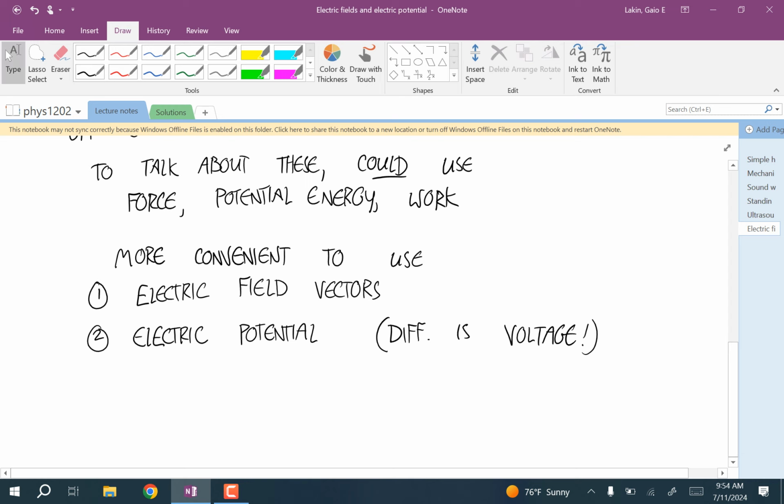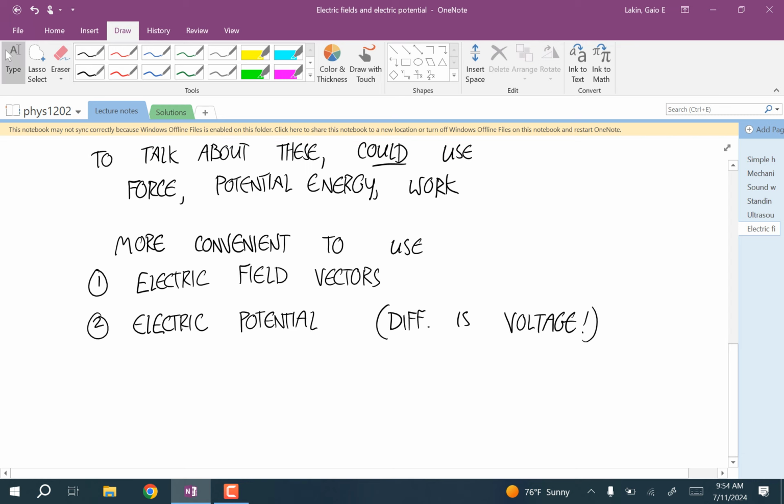Okay, so what's the definition of these things? The electric field vectors have a relationship with force where the force vector is equal to the electric field vector times the charge of the particle. And so if you know the force vector that an object feels and you divide it by the object's charge, you get the electric field vector.